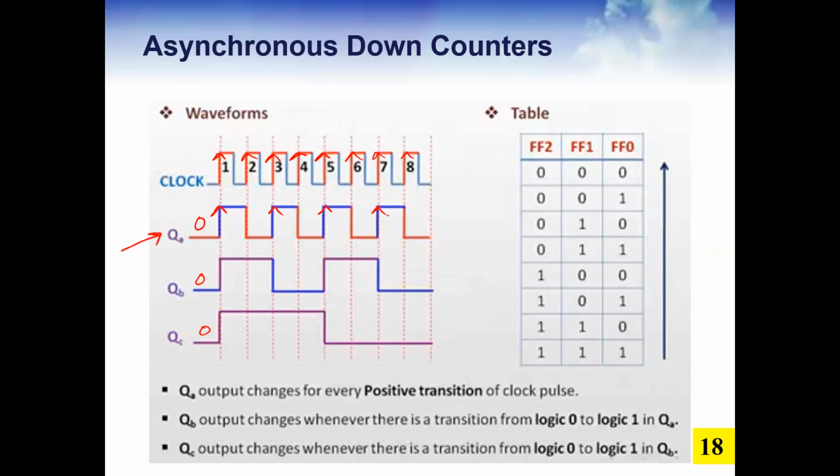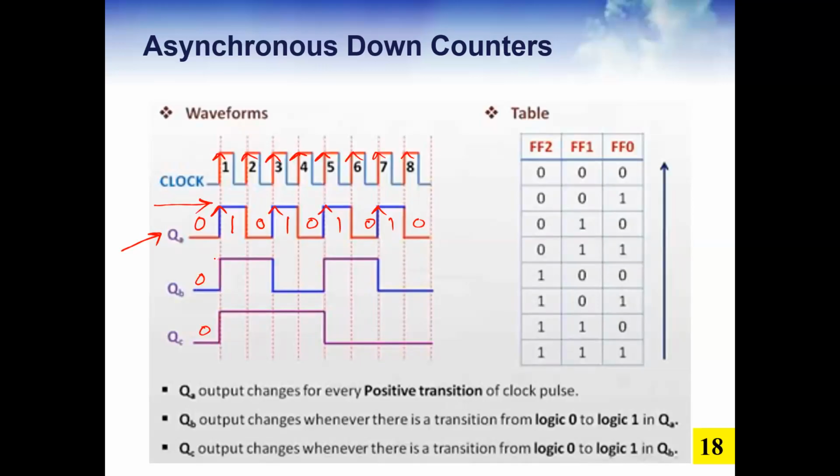As this is triggering, 0 will become 1, 1 will become 0, and so on, because this is the leftmost flip-flop, which triggers on every positive edge. Now this waveform is going to trigger the next stage of the flip-flop.